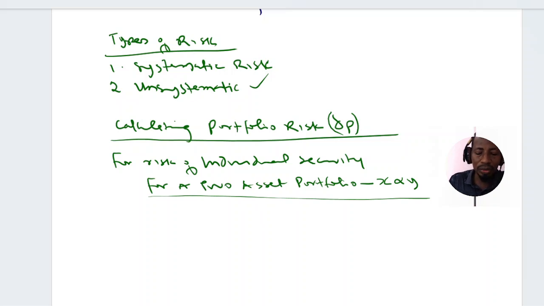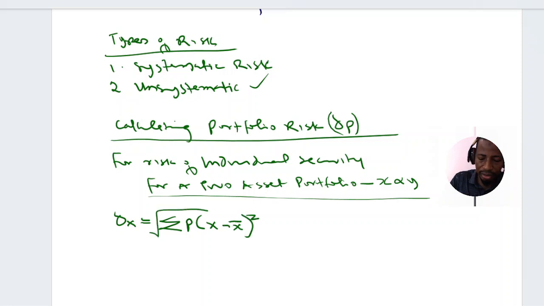So if I want to calculate the risk of security X, remember, risk is measured by standard deviation. So I will say risk of security X will be computed as the square root of variance, summation of probability times (x minus x bar) squared. Then find the square root.